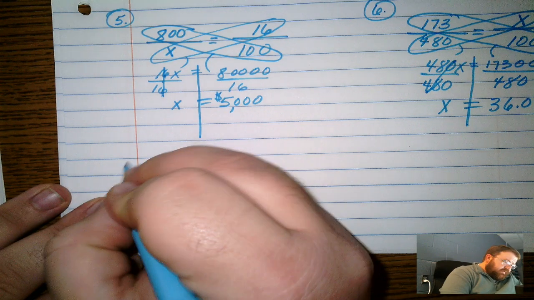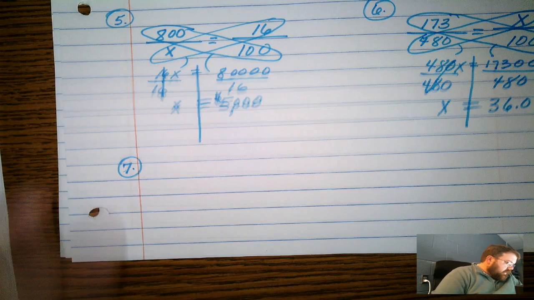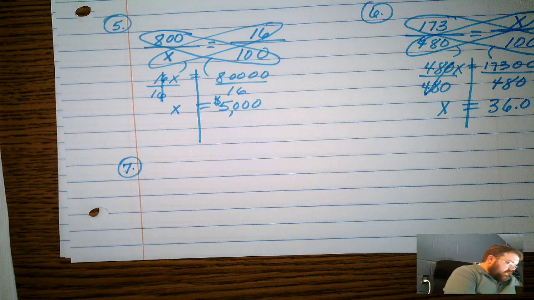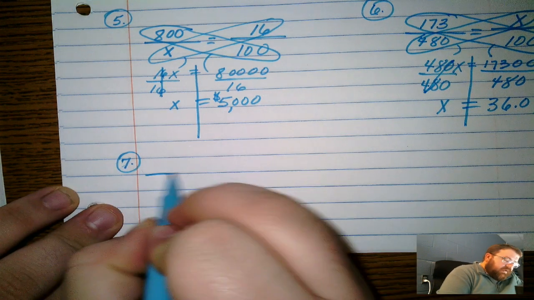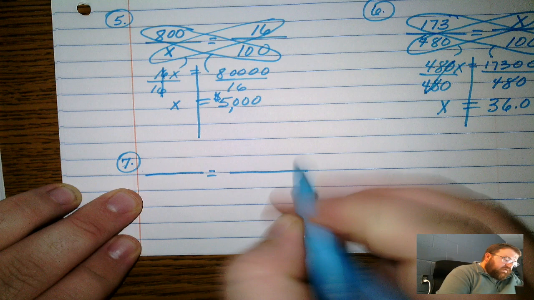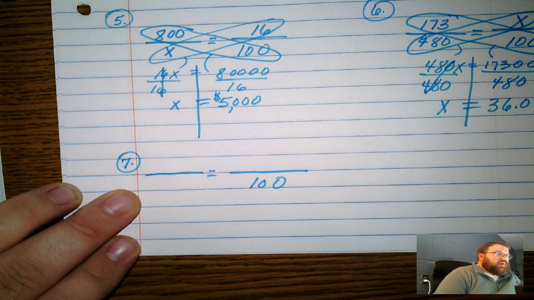Okay. Question number 7 says that a nutrition label states that there are 36 grams of carbohydrates in each serving. This accounts for 12% of the daily value. How many grams of carbohydrates are recommended per day? So if I'm setting this up as a proportion, I'm going to go ahead and put the 100 in its place.